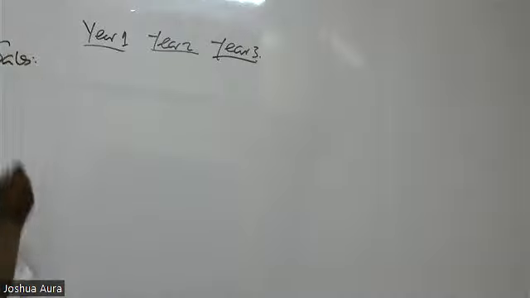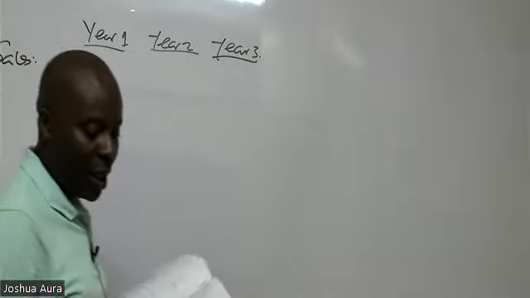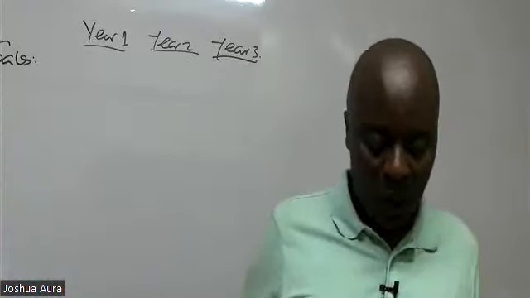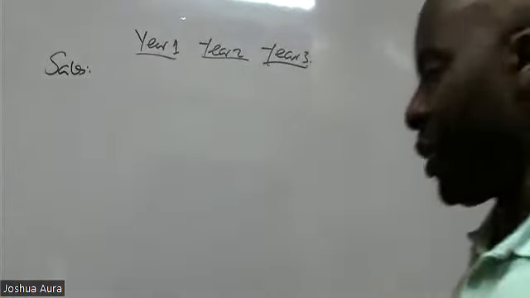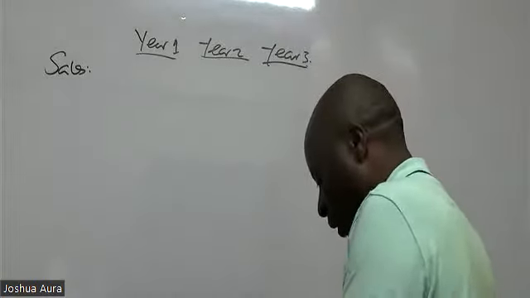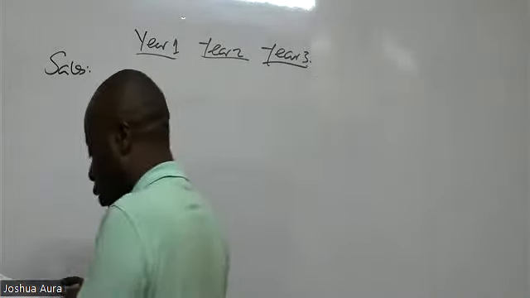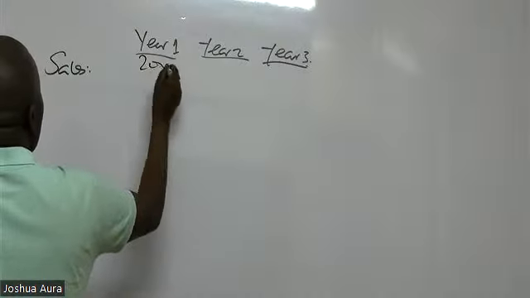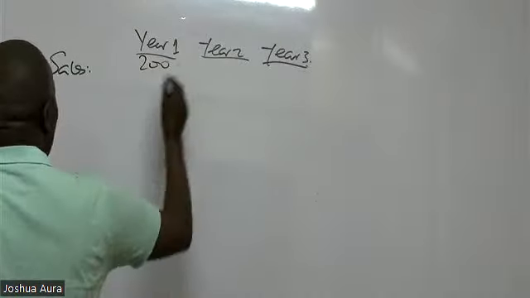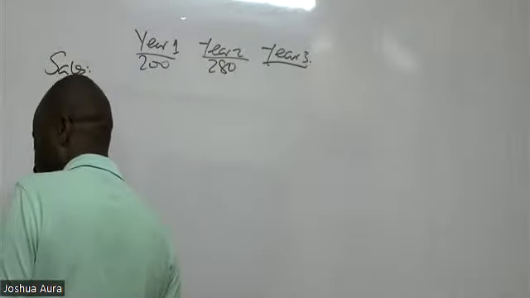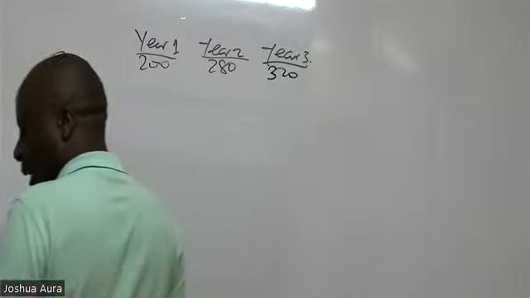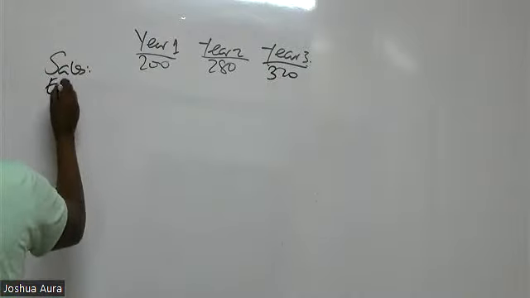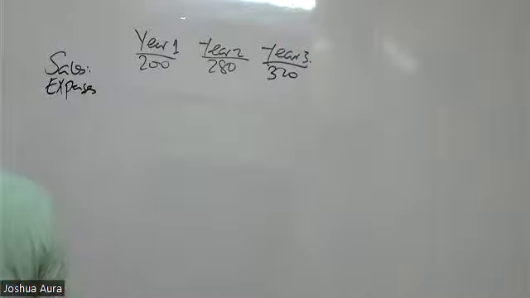Are you able to see our sales figures? For year 1, sales is 200. I want my figures to be in millions. So year 1 sales is 200, year 2 sales is 280, year 3 sales is 320. From there, I can see expenses, and I can see 120.